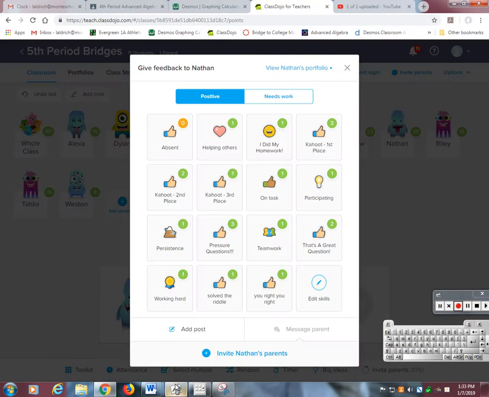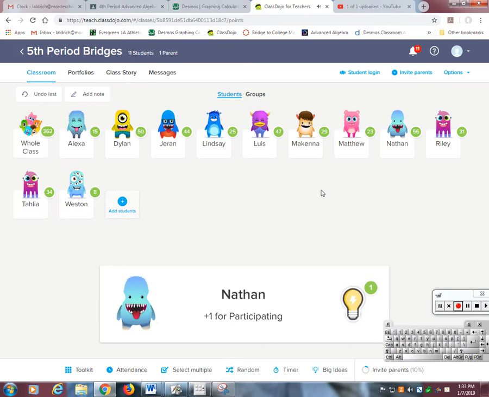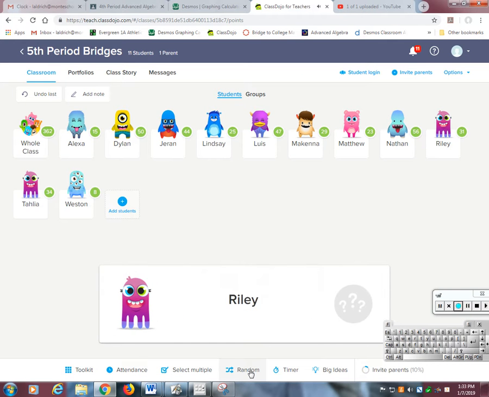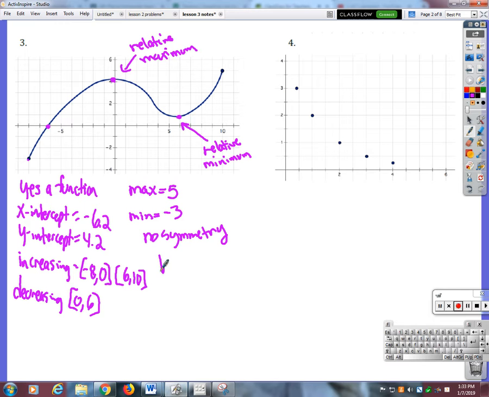Okay, now are we domain and range? All right, what's the domain? What's the lowest x value that the graph is at? I think that's -8.